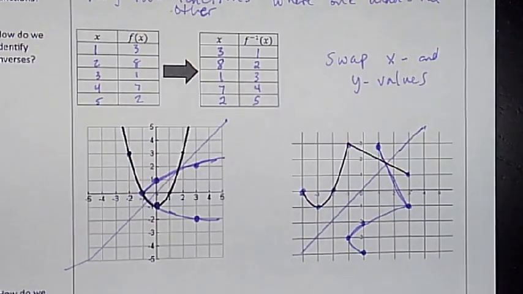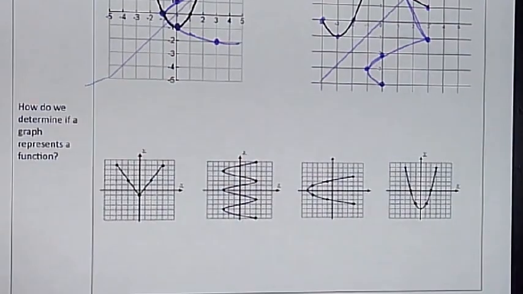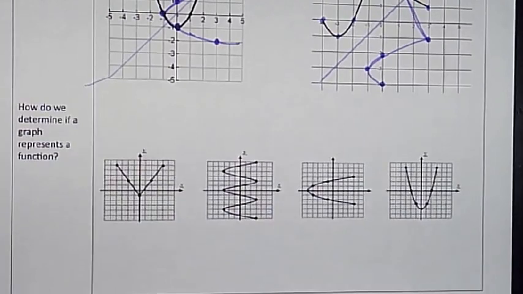The last piece that we want to examine today is looking at a graph to determine if it is a function. Now, this should be familiar to you. We know that if we're talking about a relation and we want to say that it's a function, that means that we aren't reusing any x values. Each x value is only used once.